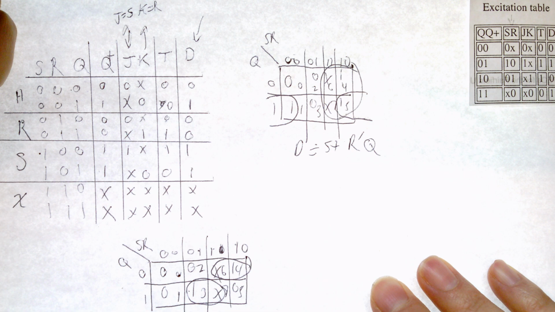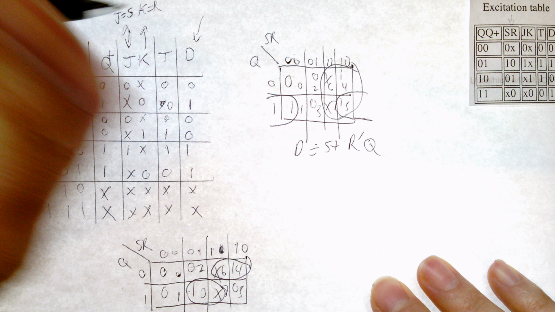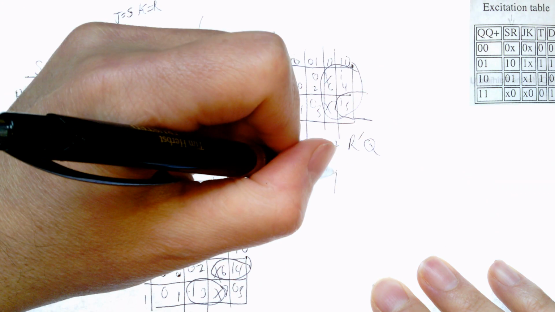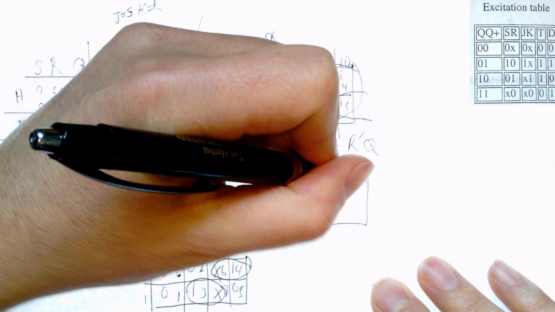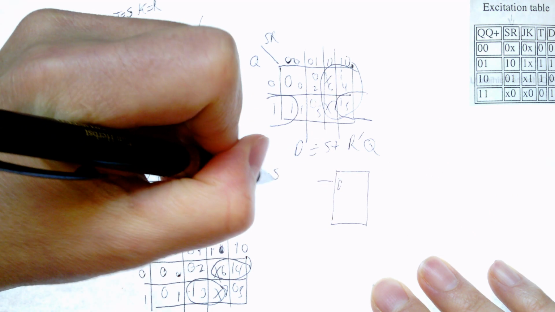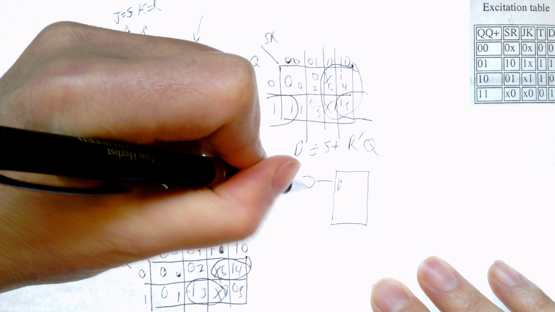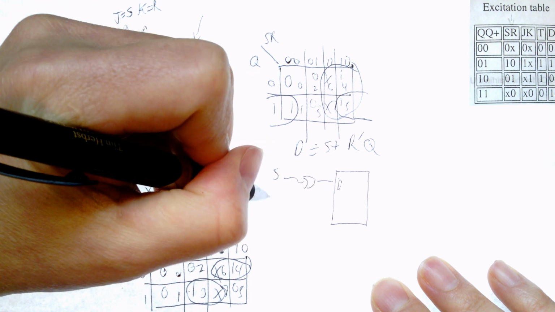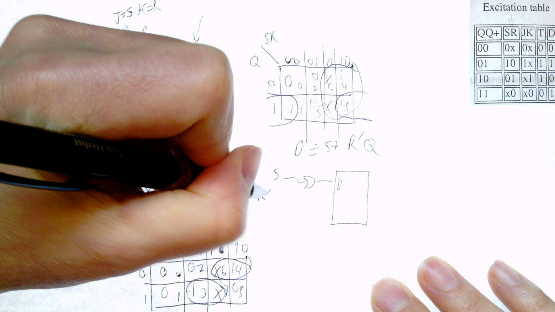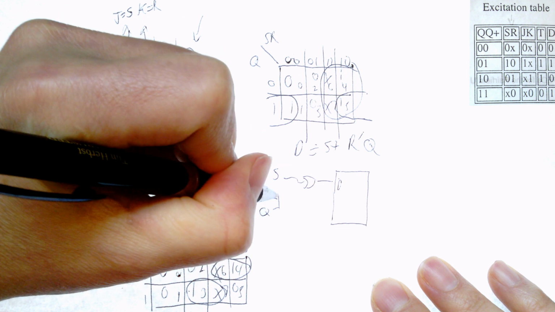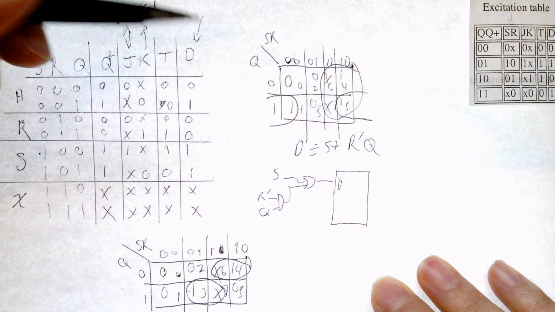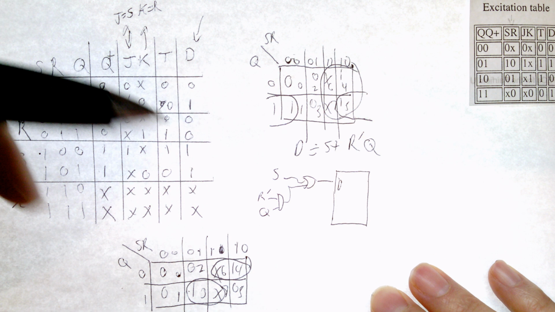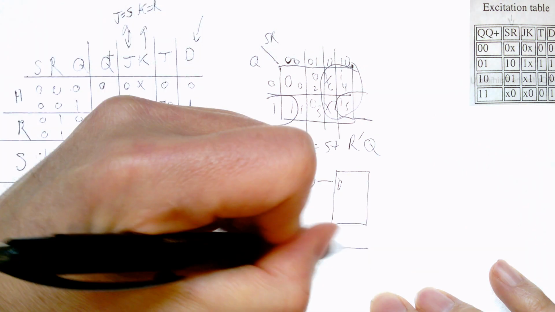So it looks to me like I can make a D flip-flop with S ORed with R prime Q. I'm making an SR flip-flop with the D flip-flop, or I can make the SR flip-flop with a T flip-flop.